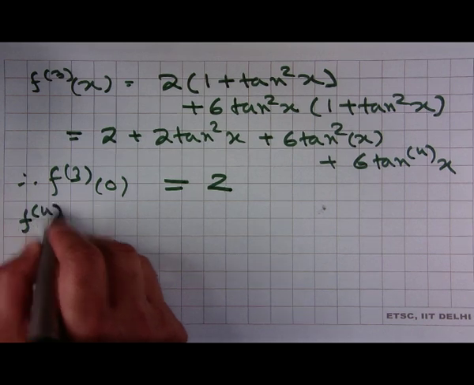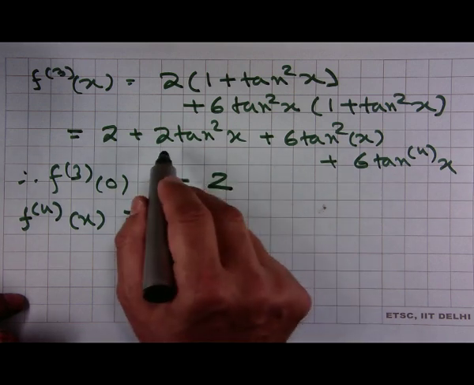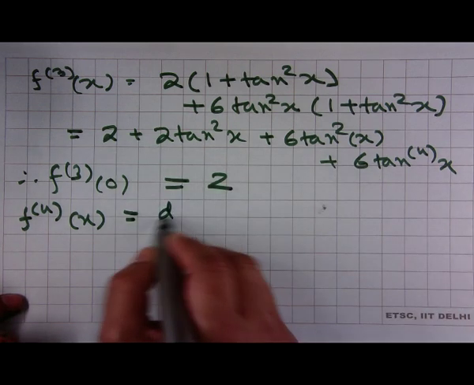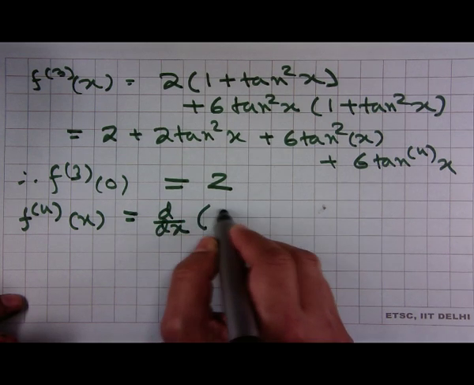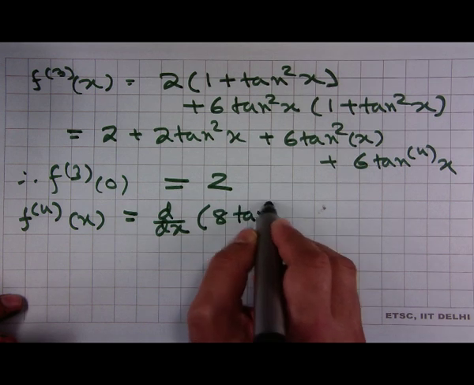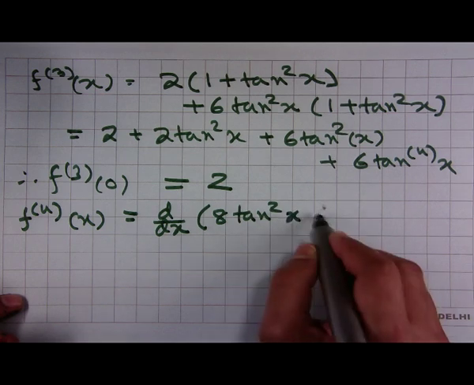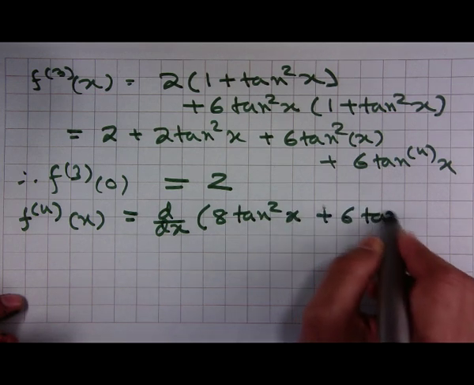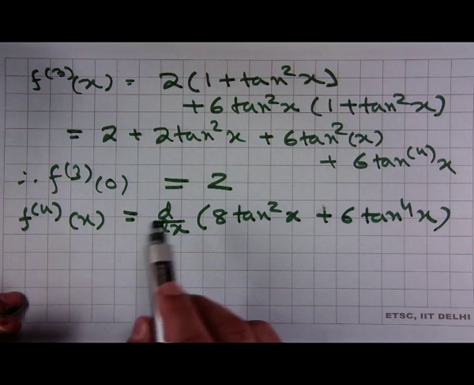f 4 x is equal to d dx of this, because the derivative of the constant is 0.